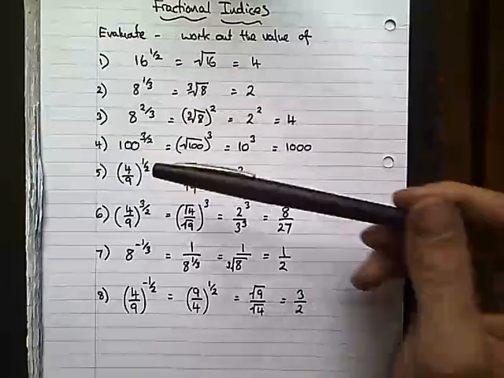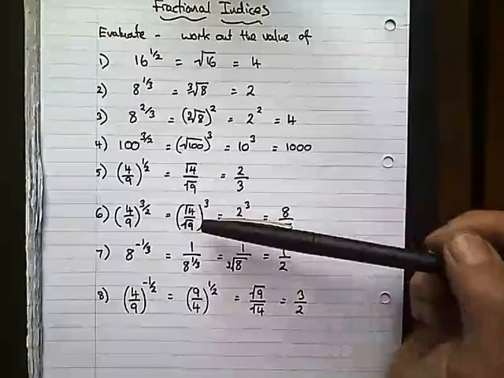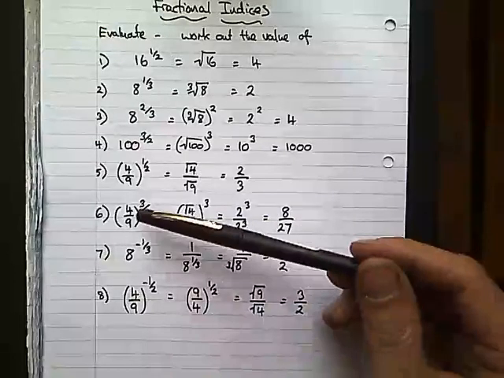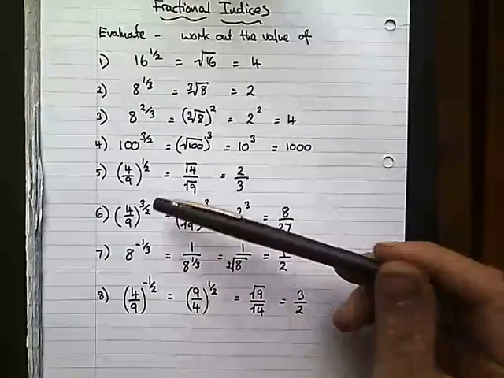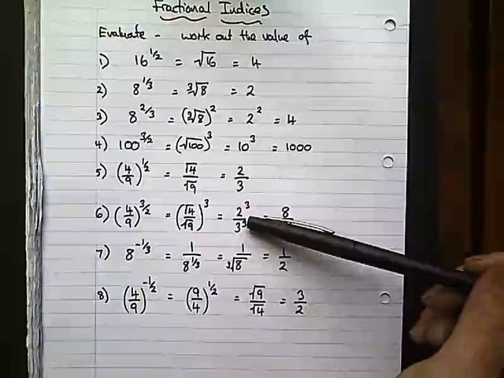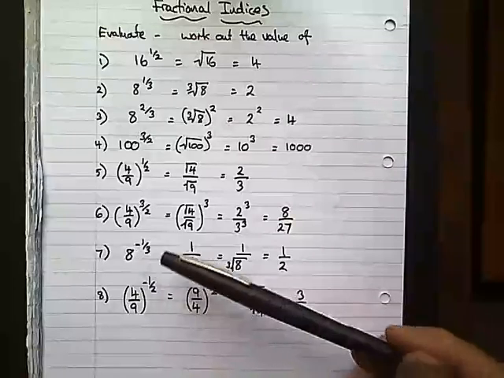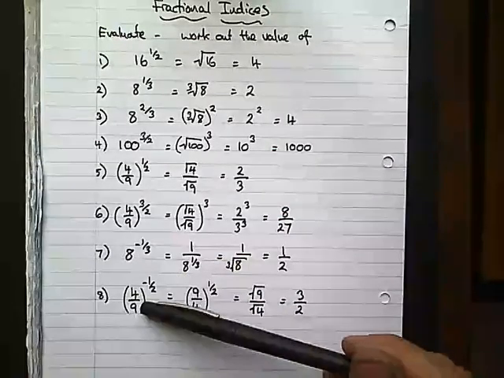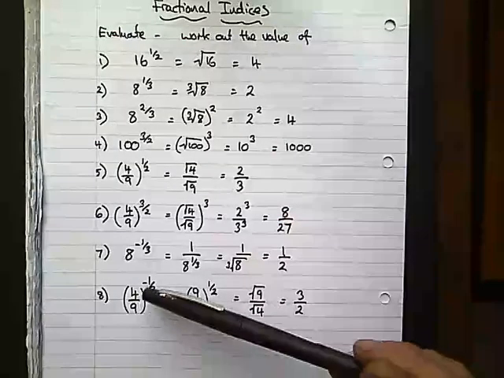When there's a fraction, it means you need to do the same to the top and the bottom. Because it was a half, it's the square root. Same again with the fraction, but this time 3 over 2, so you cube the answers once you've square rooted. When there's a negative, you need to do 1 over if it's a whole number, but if it's a fraction, you need to flip the fraction and then you lose the minus sign.